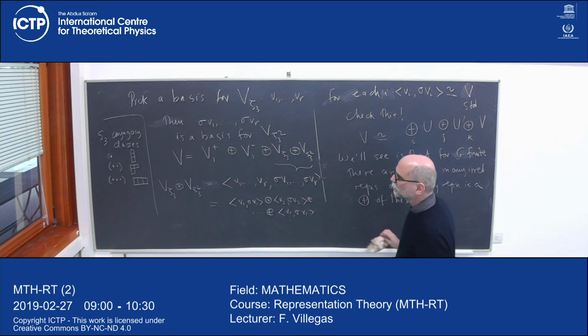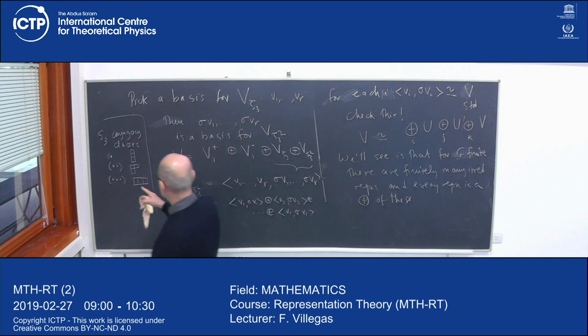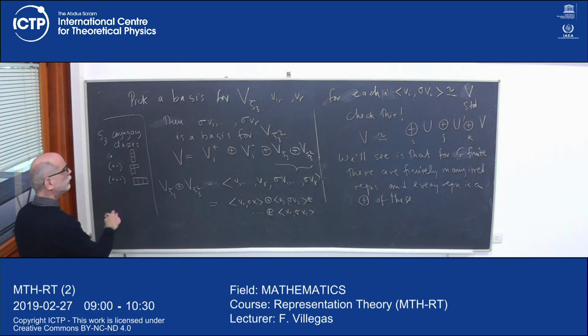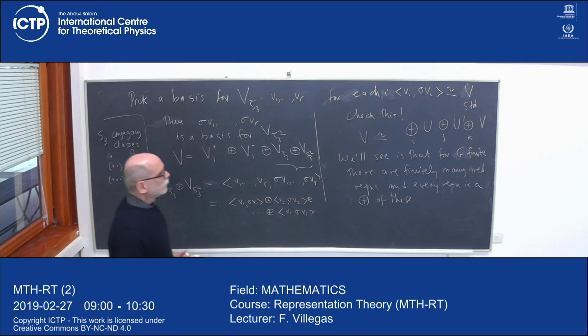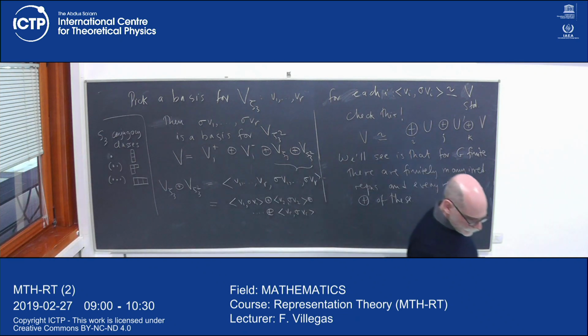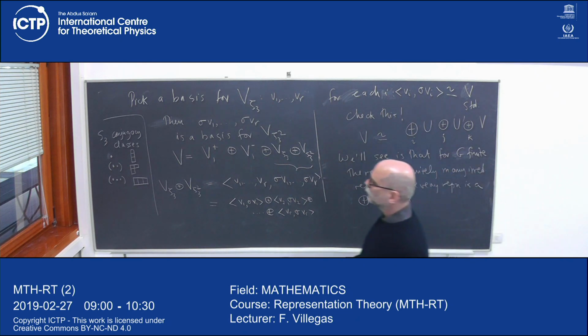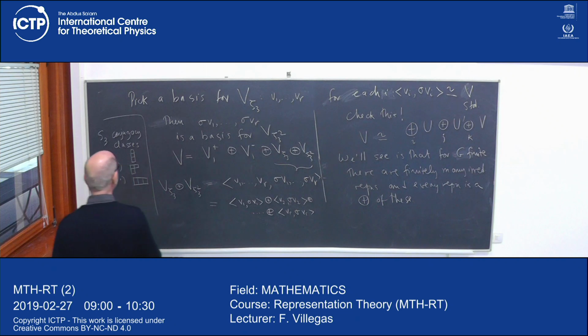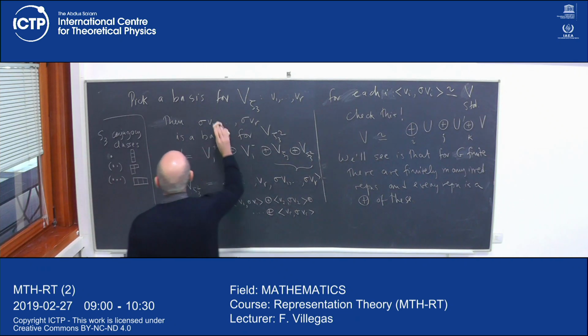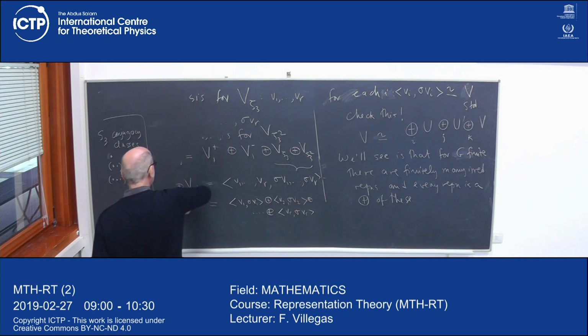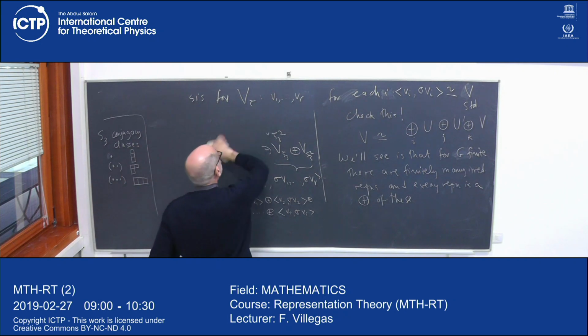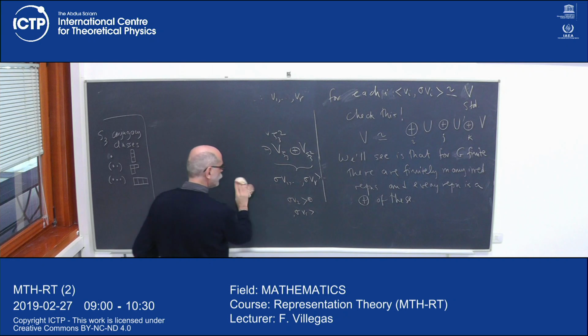So this is the number of rows. The number of boxes on each row is non-increasing. So the representation theory of Sn is a very rich theory. It has a lot to do with various combinatorial things. I'm not sure how much we're going to be able to do of the general theory, but it's a very pretty story.